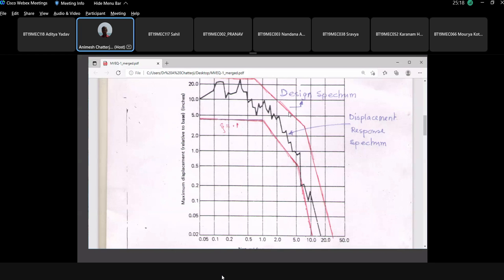To make the design spectrum, we collect earthquake data in the vicinity. If I want to design a 40-story building in Nagpur, I will not look at El Centro because El Centro is far away.